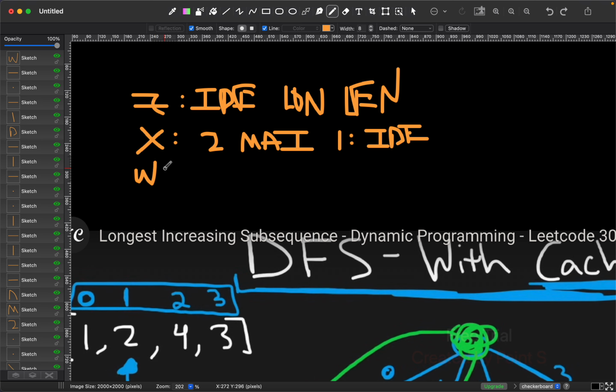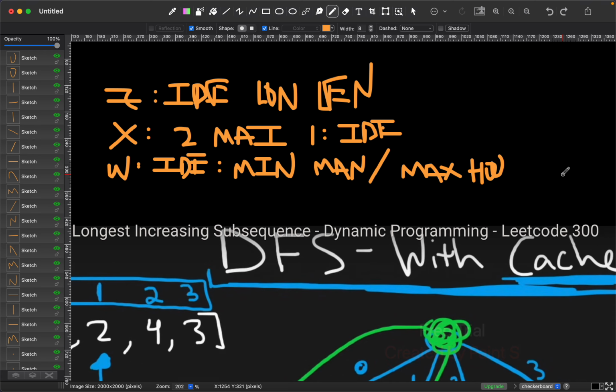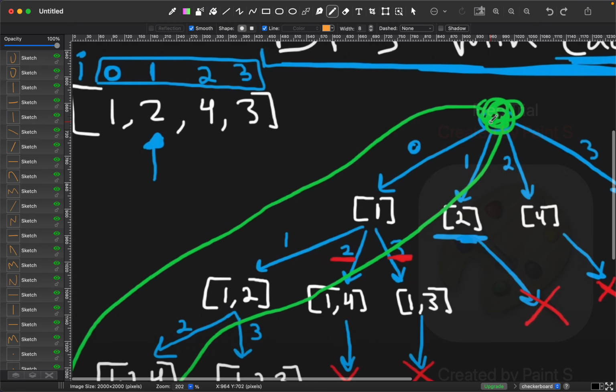Certain times the identifier could be say a mana cost to be minimum, and other times it could be I want the max number of houses, and all this identifier is calculation based off from here. I make the decision to go 0 or go to 1 or 2.